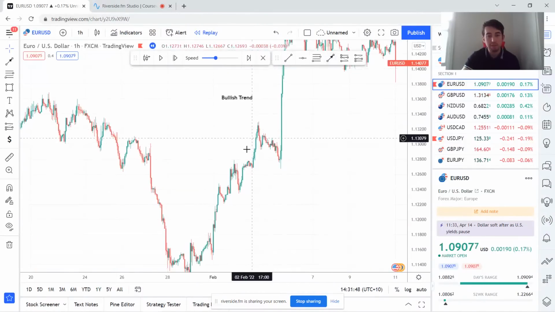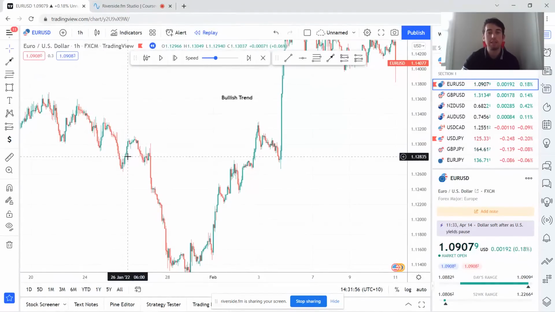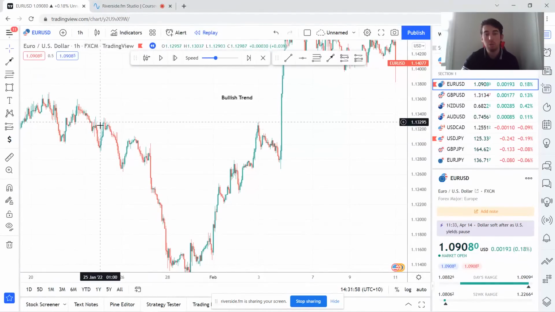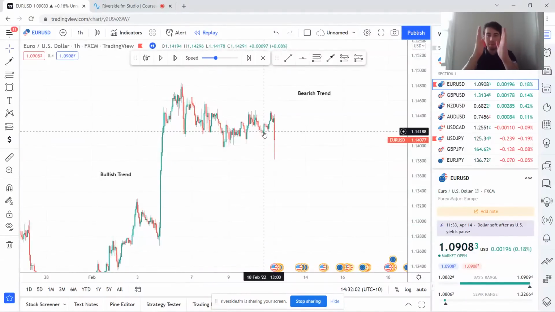Rather than it being severe like this, where we can see it clearly make new higher highs, lower highs, higher highs, something that we'll go over within this lesson again, highs and lows, new ones. We can see that the market is a lot more compact. It's a lot more squished together.